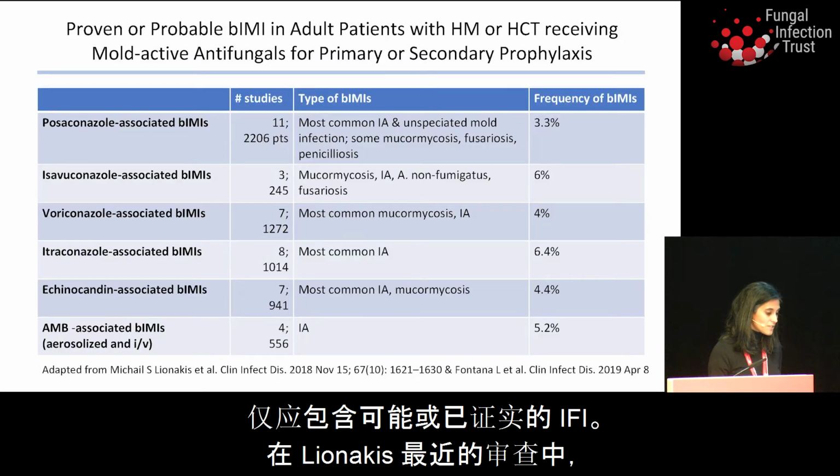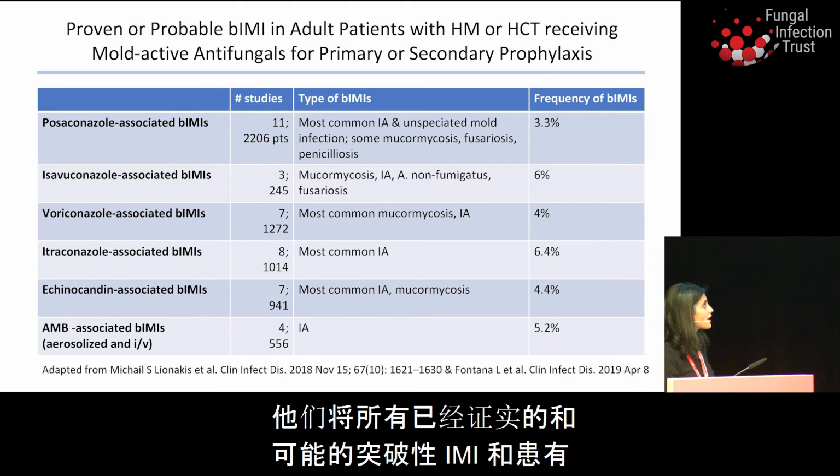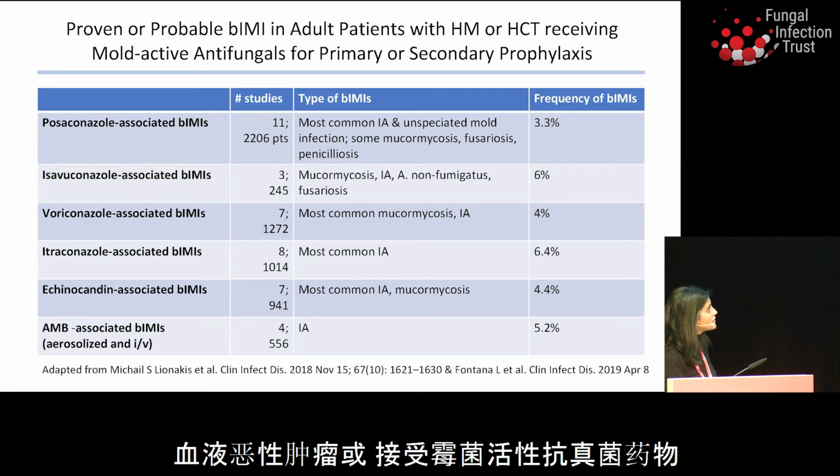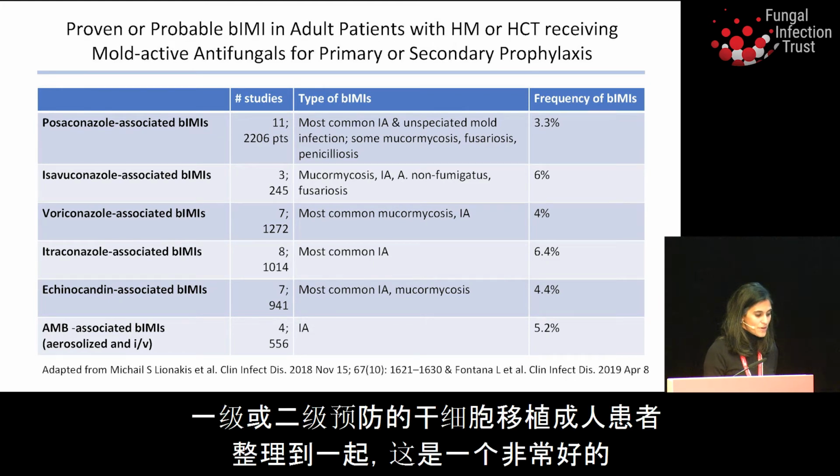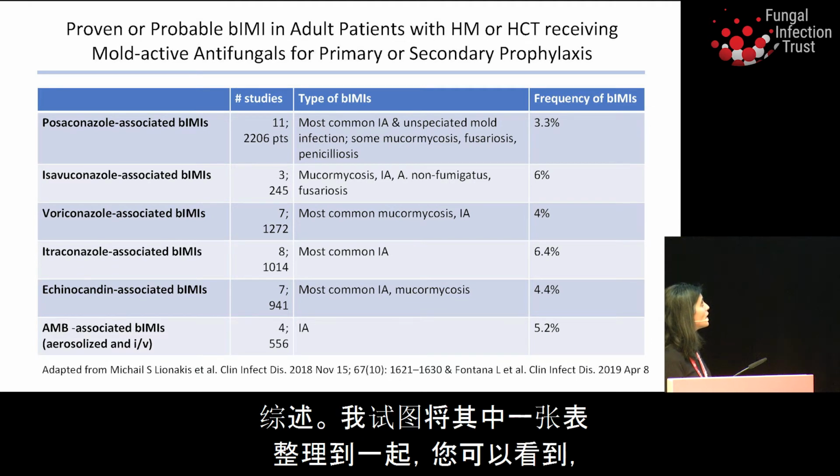In the recent review by Leonakis, they put together all the proven and probable breakthrough IMI in adult patients with hematological malignancies or stem cell transplantation receiving mold-active antifungals for primary or secondary prophylaxis, which is really a very nice overview. And I tried to put one of the tables together.